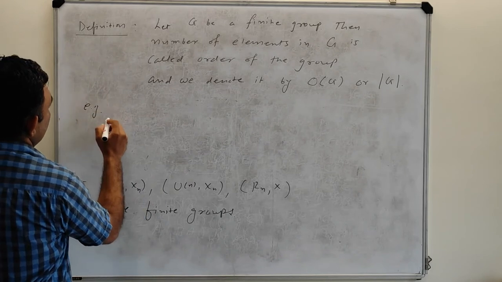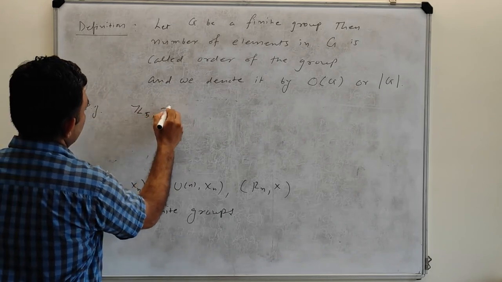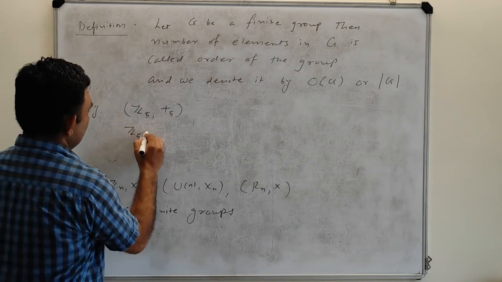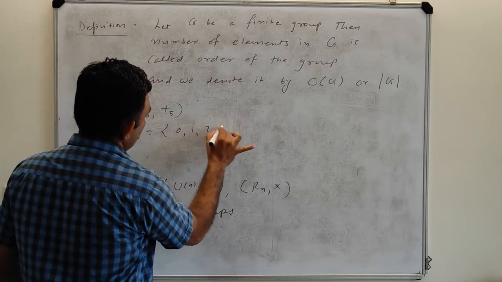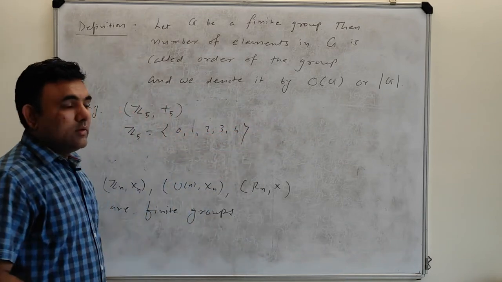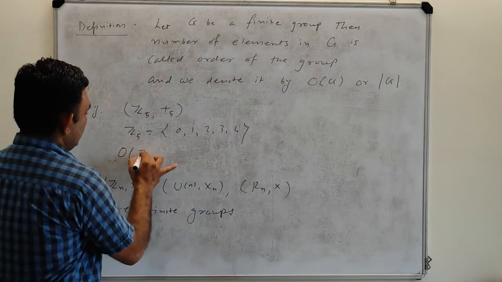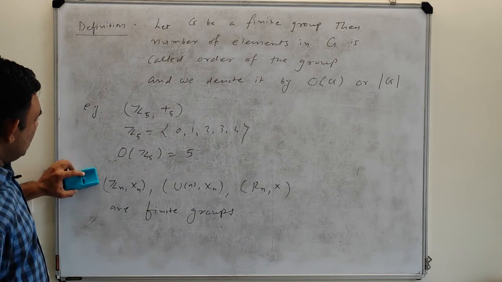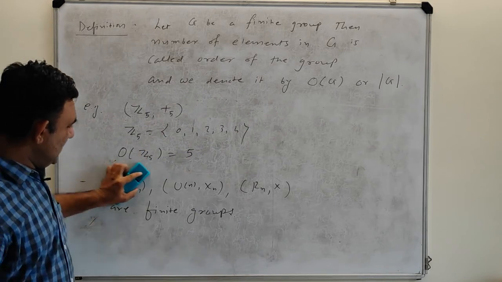For example, consider Z5 with addition modulo 5. So what is Z5? It is 0, 1, 2, 3, 4. So here the order of Z5 is 5, because there are 5 elements.